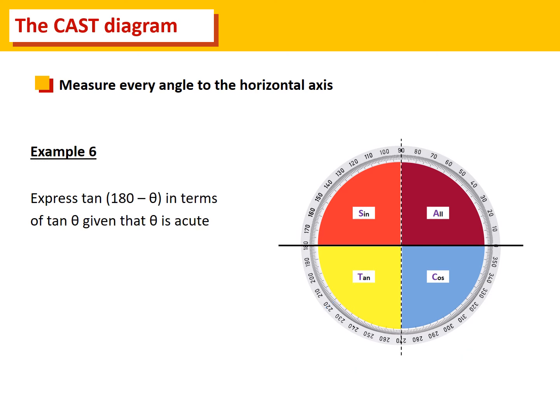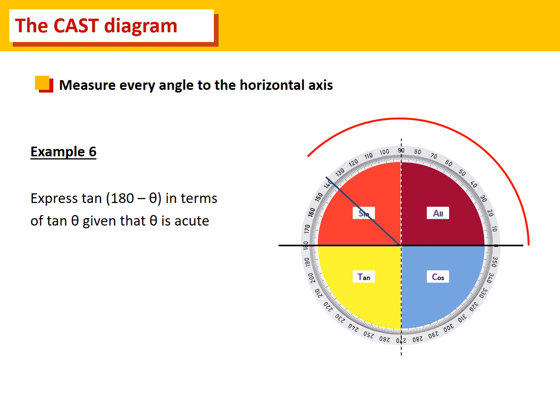Here's example 6. We don't have an actual value, we've just got theta. So tan of 180 minus theta. Well, first of all, there's 180 degrees. Then take away theta from that. Now, we don't know how big theta is, so I've just gone back a little bit, equivalent to an angle of theta.